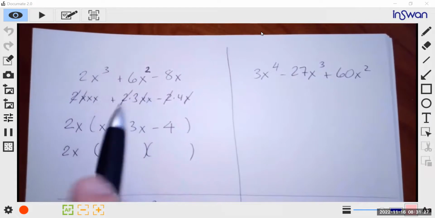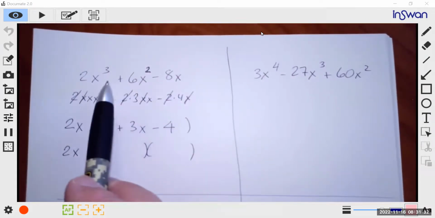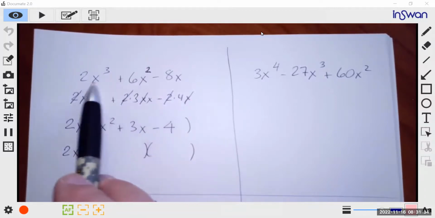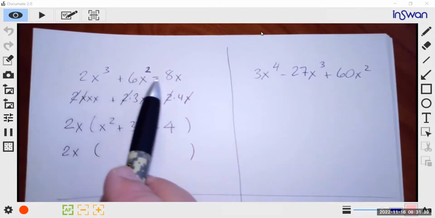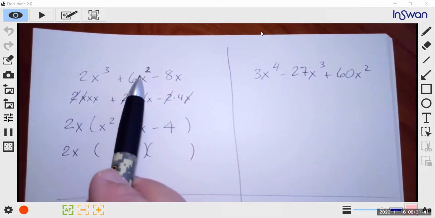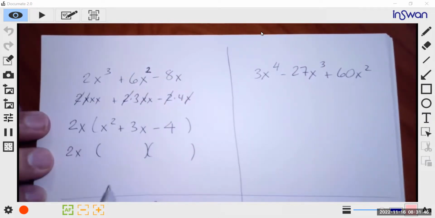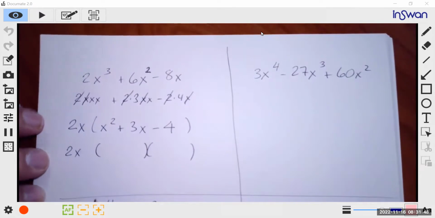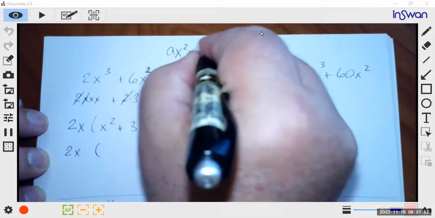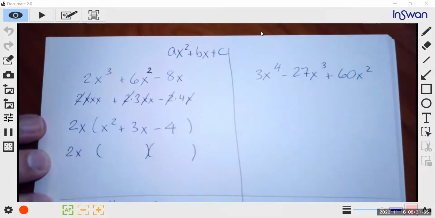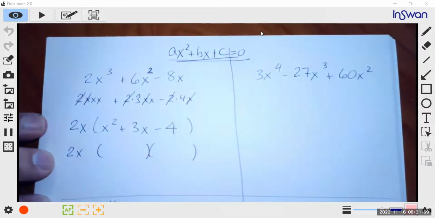Now, is this a quadratic equation? It's a yes or no answer, 50-50 shot. What is the standard form of a quadratic equation? That's the standard form of a quadratic equation.